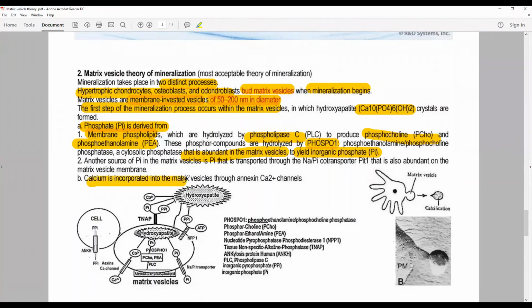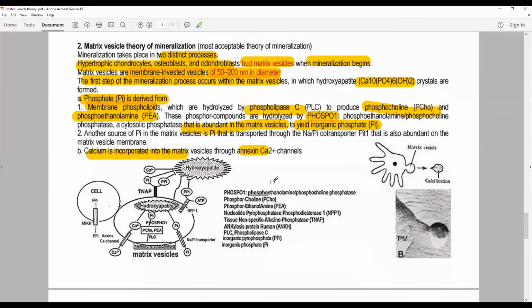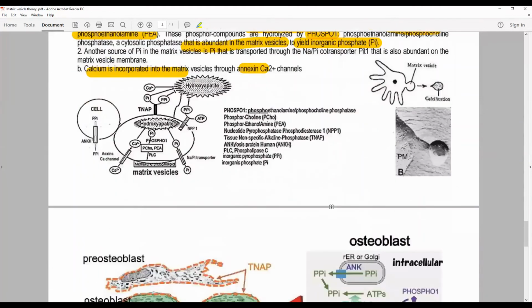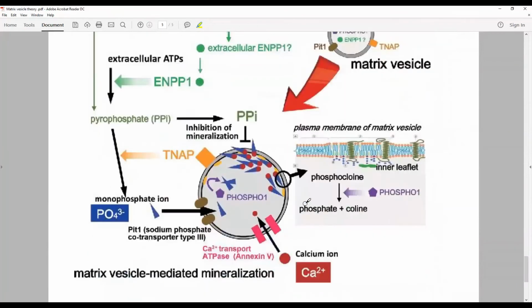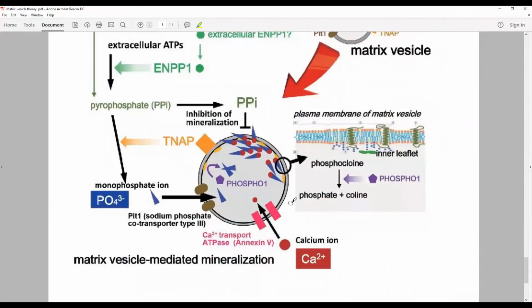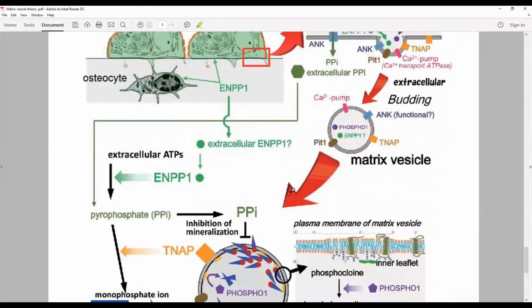The calcium is incorporated into the matrix vesicle through annexin calcium channels. So that is how the whole structure works. These are high level details if you are interested to learn, but not from the exam point of view.